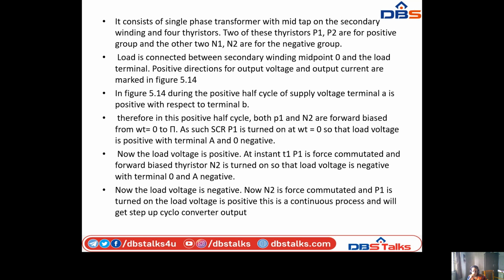Here the positive direction of output voltage and output current is marked.